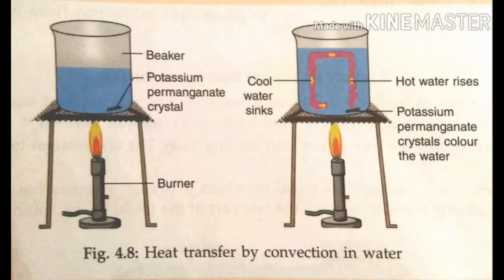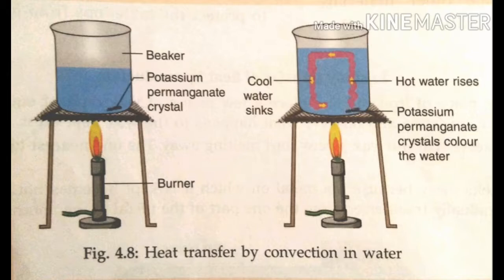See an activity for heat transfer by convection in water. Take a few crystals of potassium permanganate and drop them in a beaker of water. Heat the beaker on a slow flame and observe the crystals of potassium permanganate.